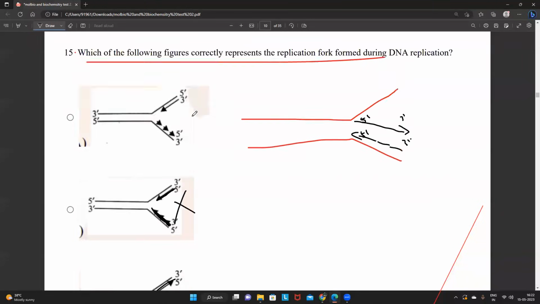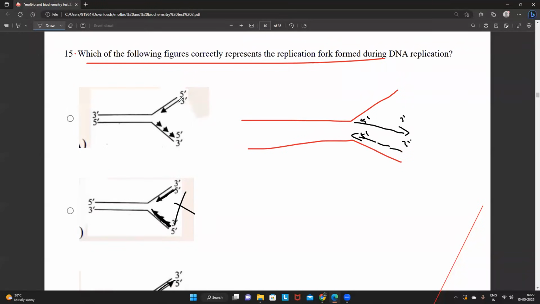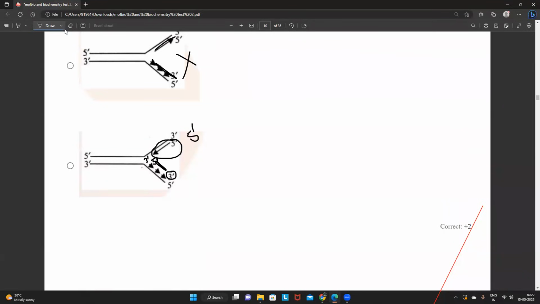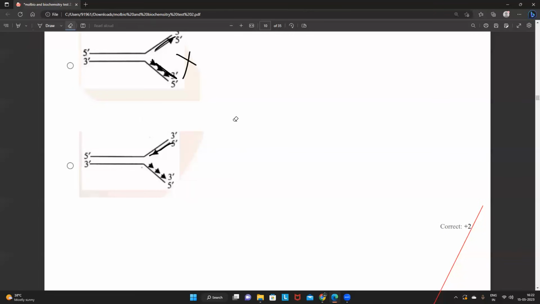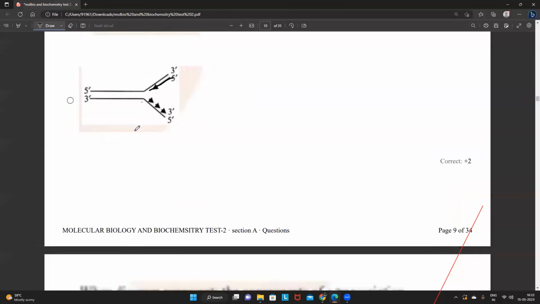This is also wrong. Here it is showing 3 prime to 5 prime. That is also a wrong statement. So only option D will be correct. One is moving in 5 prime to 3 prime and another is also moving in 5 prime to 3 prime, but both are moving in opposite directions. Hence the correct answer is option D. Two to three people have given this question wrong too. I want you to look into that.